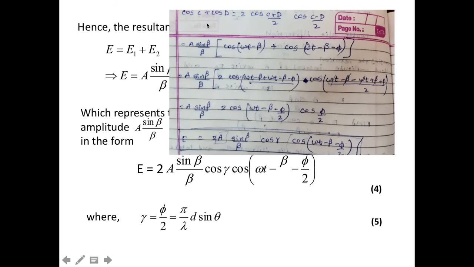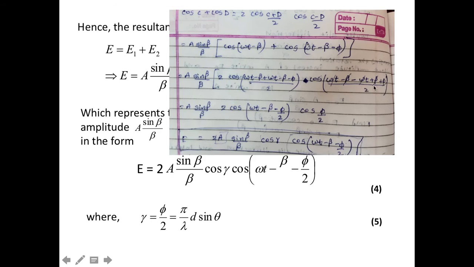So this is the derivation: cos C plus cos D equals 2 cos of (C plus D) by 2 times cos of (C minus D) by 2, multiplied by A sine beta upon beta. You can write like this, and this term will cancel out.